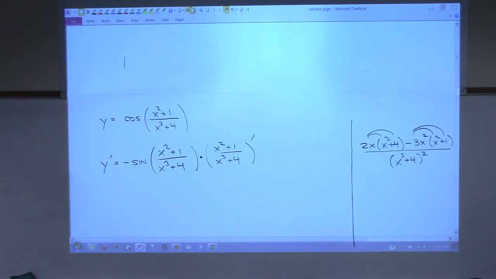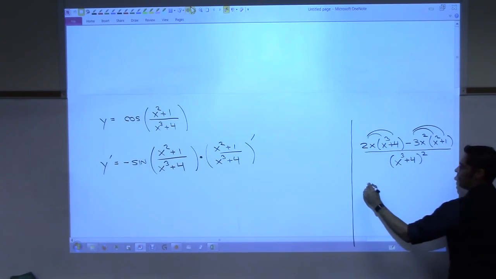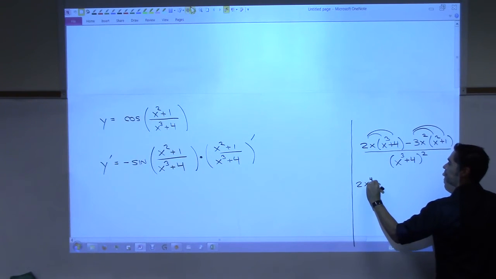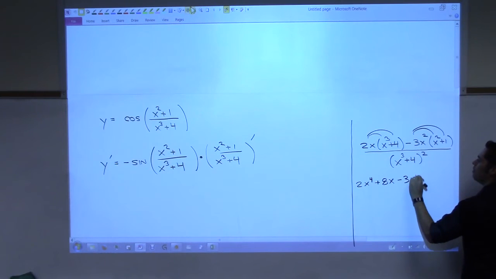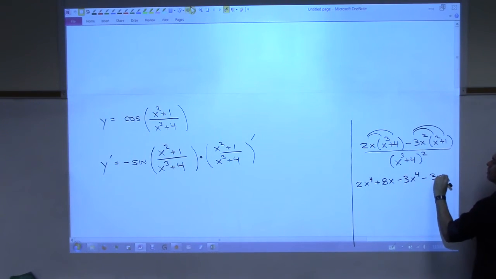Let's see, I'm getting 2x to the fourth, but then over here I'm going to get a minus 3x to the fourth. Maybe I should write it down. 2x to the fourth plus 8x minus 3x to the fourth minus 3x squared.